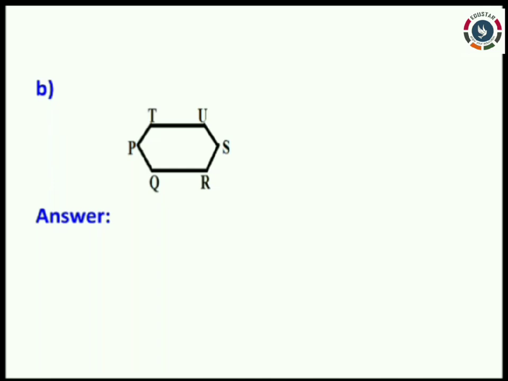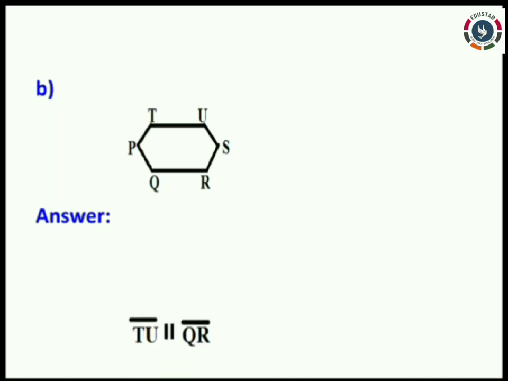Next, name the parallel lines. Look at this diagram. This diagram having how many sides? 6 sides. So this is a hexagon. Now we are going to write the parallel lines. 6 sides you are having. So you are having 3 pairs of parallel lines.